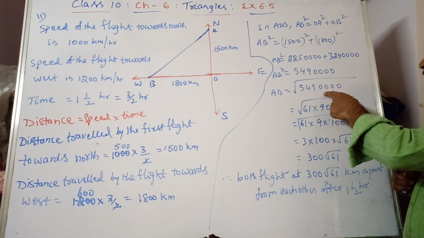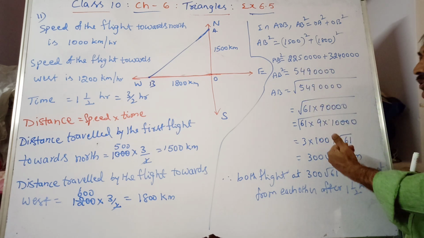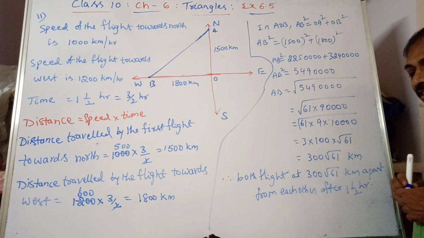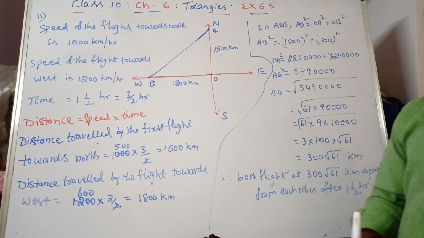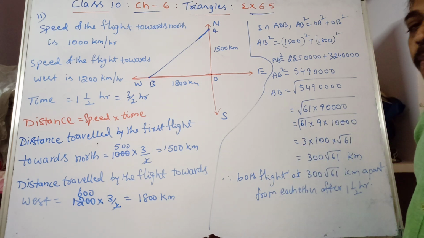See the 549, when you add these two and do prime factorization, this will be the answer: 300 root 61 kilometers. I hope you understood. Clear?